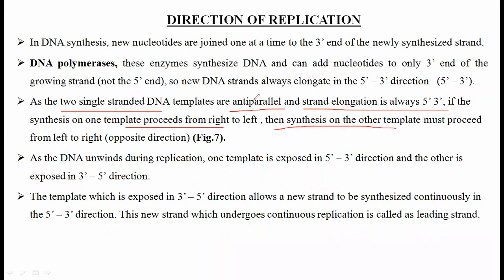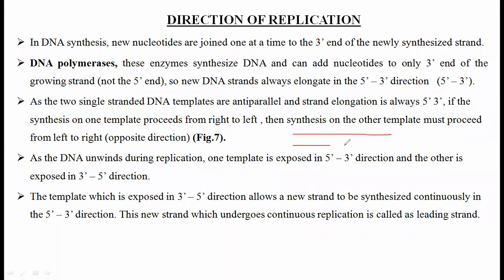For example, this is your DNA. This is 5. This is 3. Right? And another one will be 3 and 5. What I mean to say is, in the upper one, it will be left to right synthesis, and in the lower one, it will be right to left, so anti-parallel.